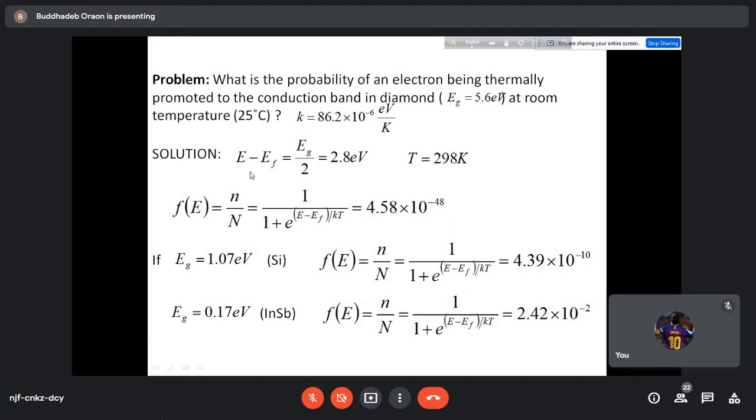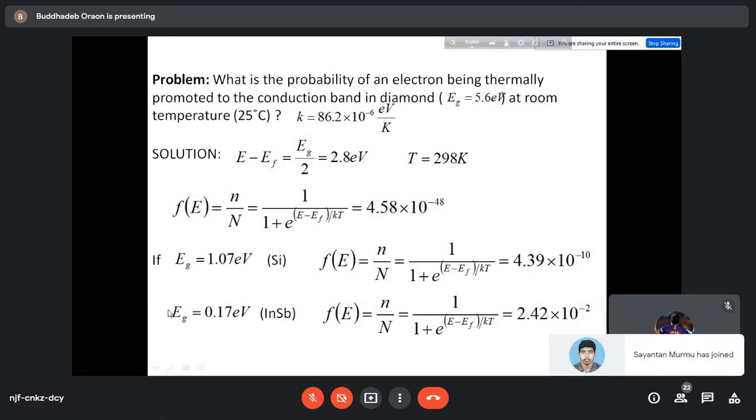So we are taking three extreme materials. One is diamond, another one is silicon, and another one is an artificial semiconductor, InSb, indium antimonide.